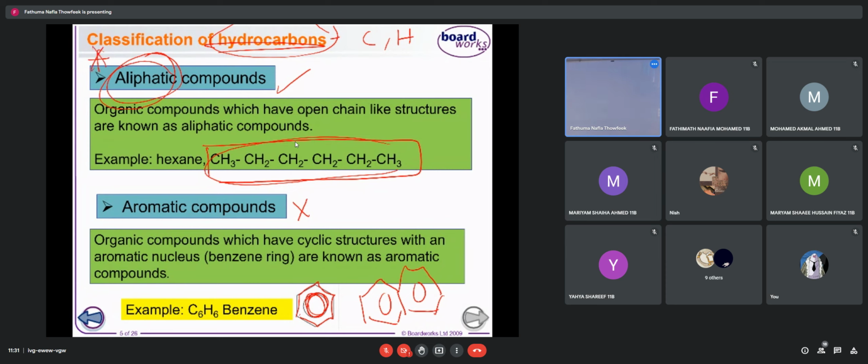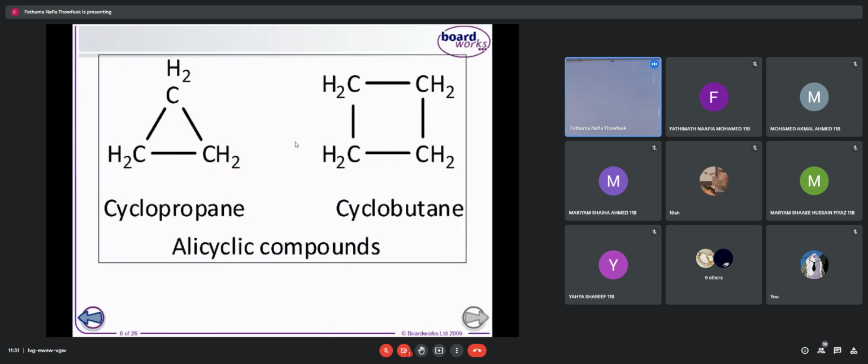I remember drawing that. Yes, aliphatic. We have a lot of drawings here. Other than aliphatic compounds, alicyclic compounds are also very important for us. Alicyclic means it's a cycle. Open chain structures are there, cycles are there. See, it's a cycle here, and it's a cycle here.